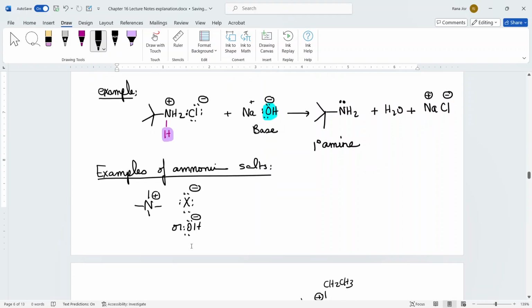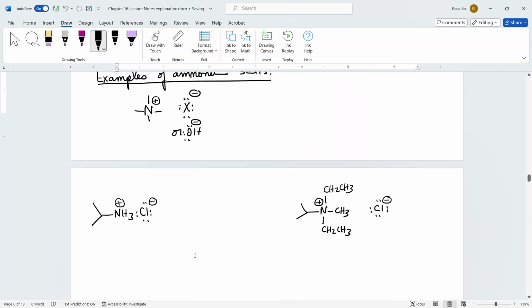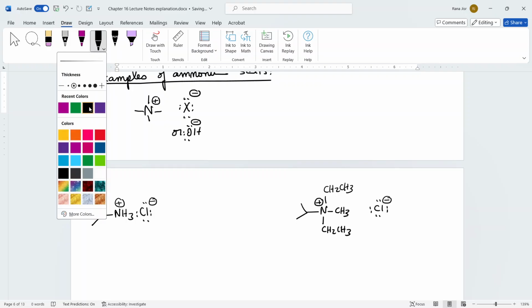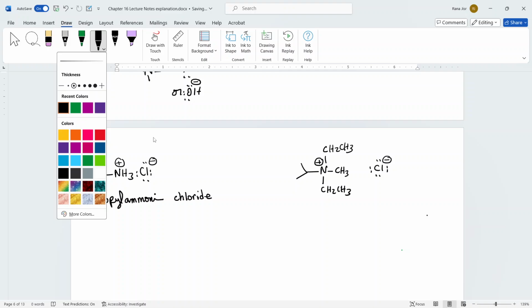But if you have a positive part and a negative part, then this is going to be considered an ammonium salt. Whenever you want to name your ammonium salt, as we said, you name it as an alkyl ammonium and then the negative charge part that you have. So let's name a couple of them over here. You have here an isopropyl ammonium, and then leave a space and it's a chloride.